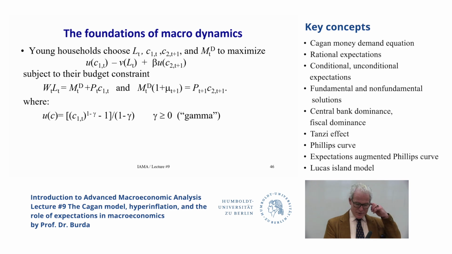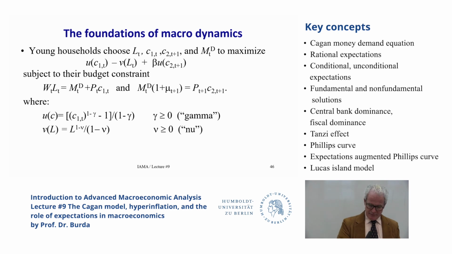And we'll assume specialized forms of the utility function. C_1T is a typo, so just eliminate that from the slide. This is just a generalized form of the utility function, and gamma and nu are assumed to be non-negative.